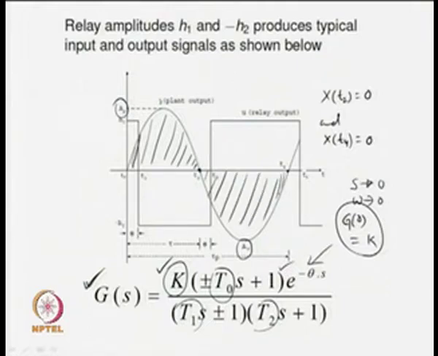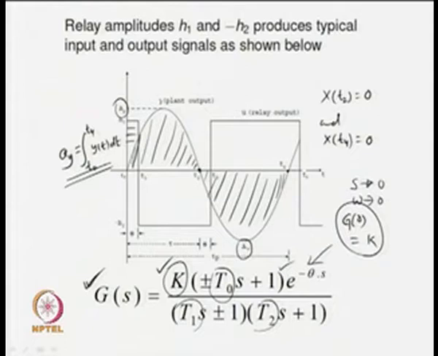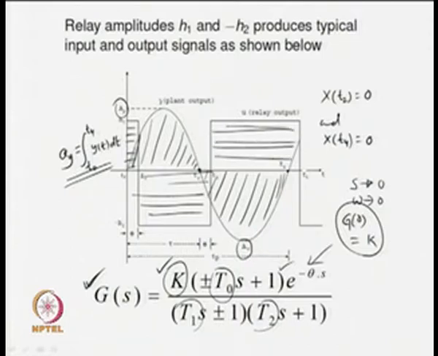This will be the area for the asymmetrical output. Let us denote the area of the asymmetrical output by the symbol Ay. Thus, Ay can be given in the form of an integral starting from time t0 to t4 of y(t) dt. So, that will give us the area of the asymmetrical output signal, whereas the area of the input signal can also be obtained, as shown here.